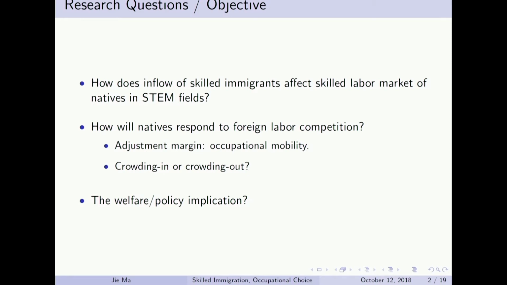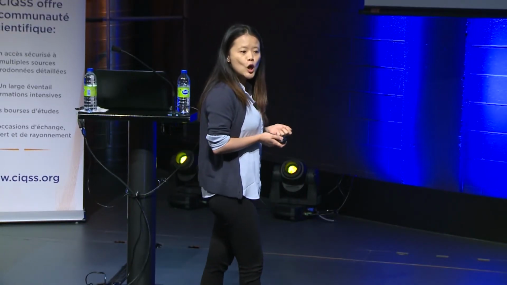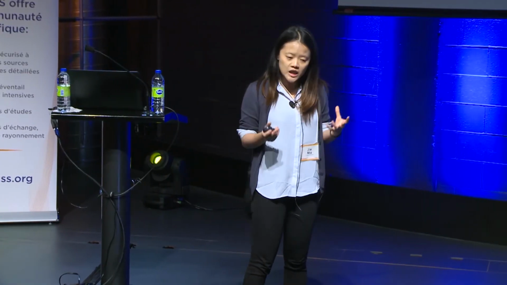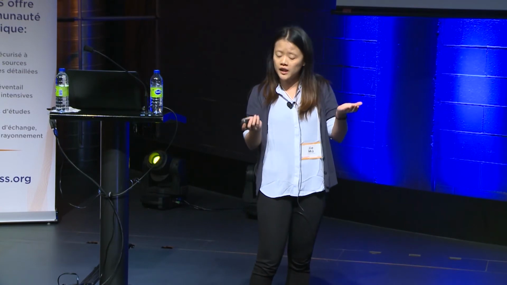There is literature about geographic mobilities, so people move to different labor markets. But I would like to study another adjustment margin, which is the occupational mobility. The idea here is fairly simple and straightforward. There is an unbalanced inflow of skilled immigrants, so the market wages will change differently.